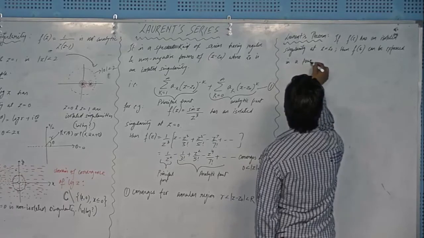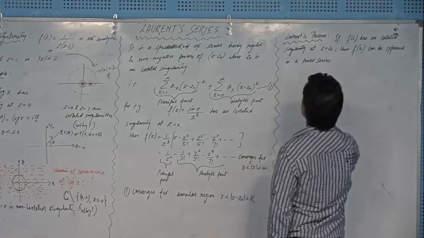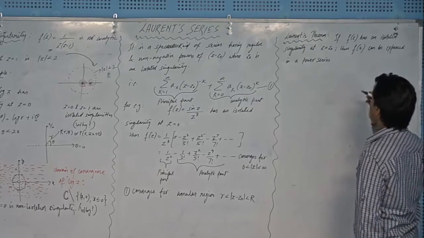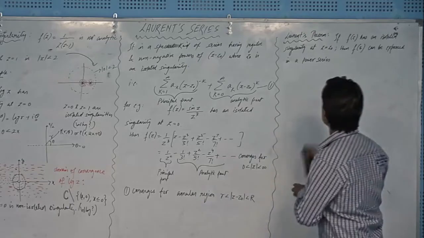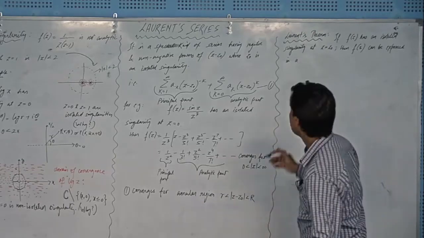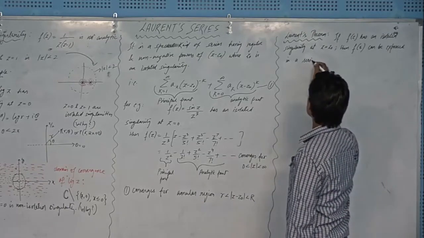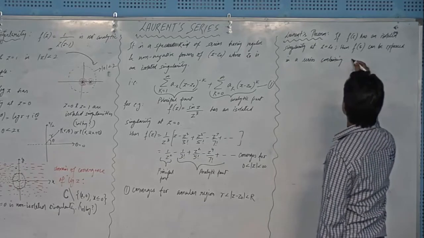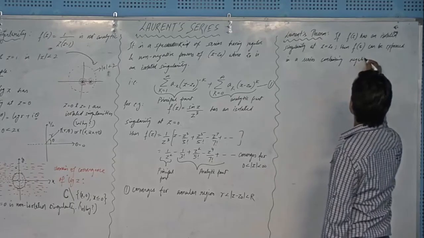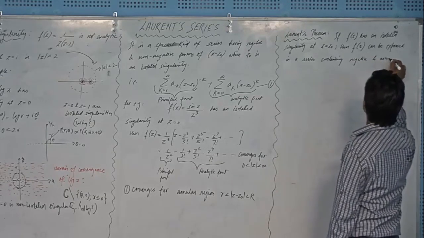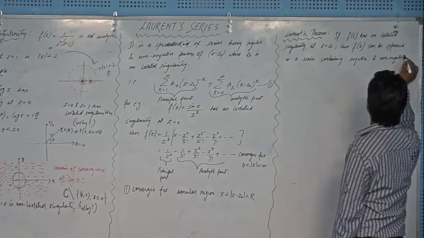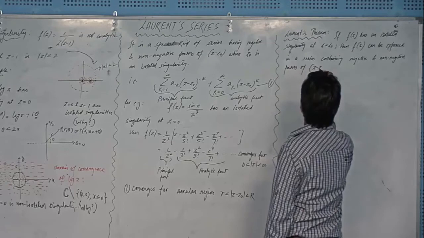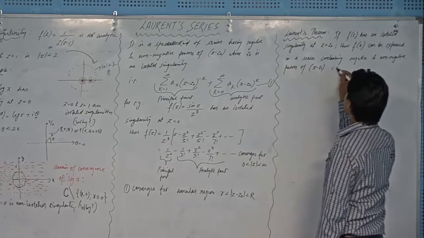a special series, right? I shouldn't write power series. Can be expressed in a series containing negative and non-negative powers of z minus z naught, that is this way.